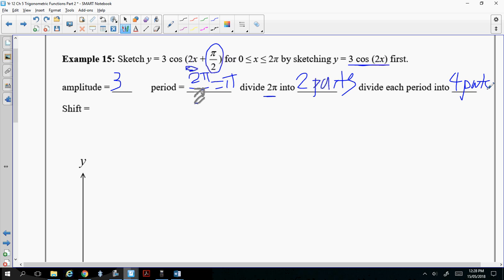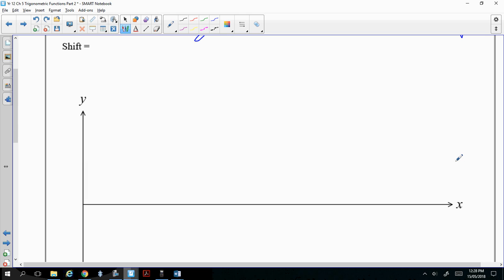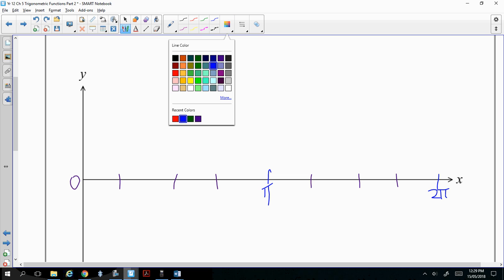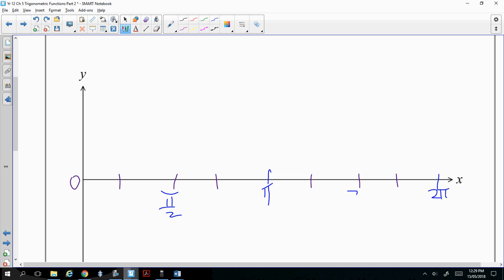Then divide into 4 parts: half, half, half. Again, half, half, half. Or you can use a ruler, but going halfway is not too hard, so you can do it manually. Put a 0. Then write down the numbers: this is pi on 2, this is 3 pi on 2. Remember, the period is pi. The amplitude is 3, so we draw 3 here and put -3 there. That's your amplitude.